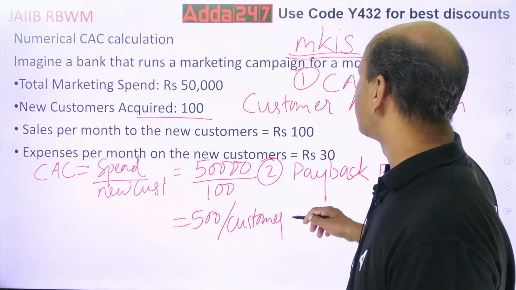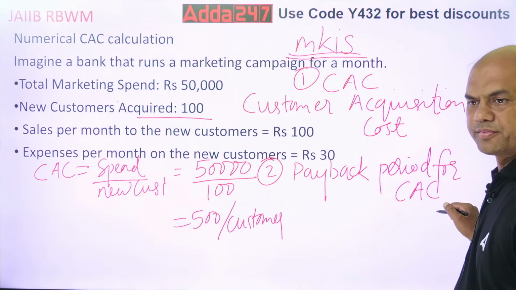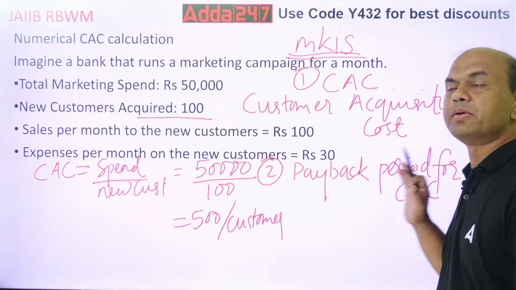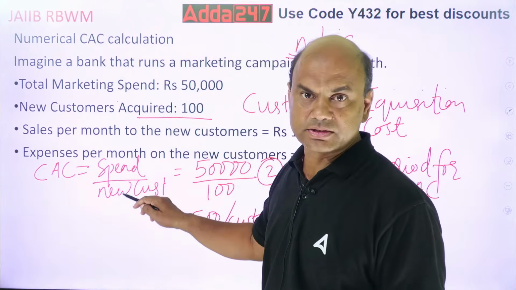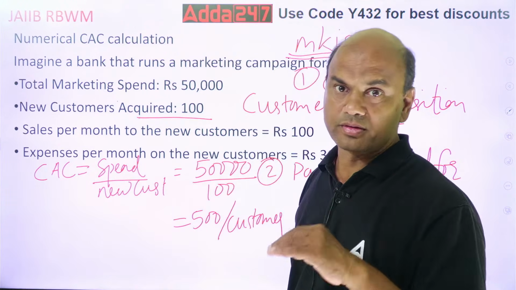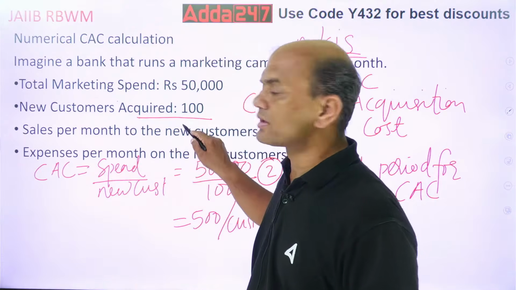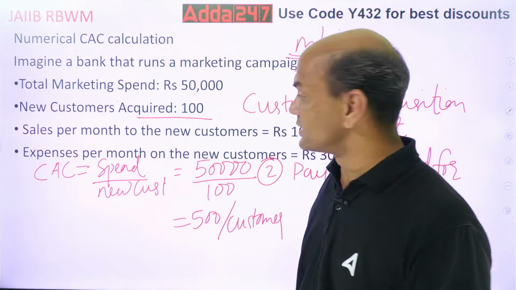Second, what do we require? Payback period. What is the payback period for the CAC? Payback period means whatever is my CAC, customer acquisition cost, upon my net profit from that customer. Now how do I get the net profit? Look at this.